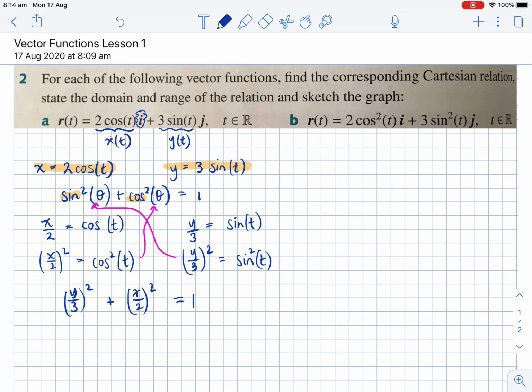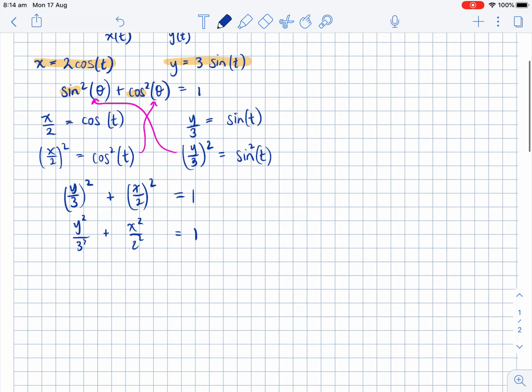And now I've got a Cartesian equation with just x's and y's in here. What you might notice is this is actually the equation for an ellipse.